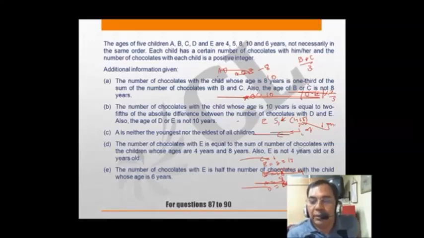D is 4. So E is 14 chocolates. E is 14 chocolates.